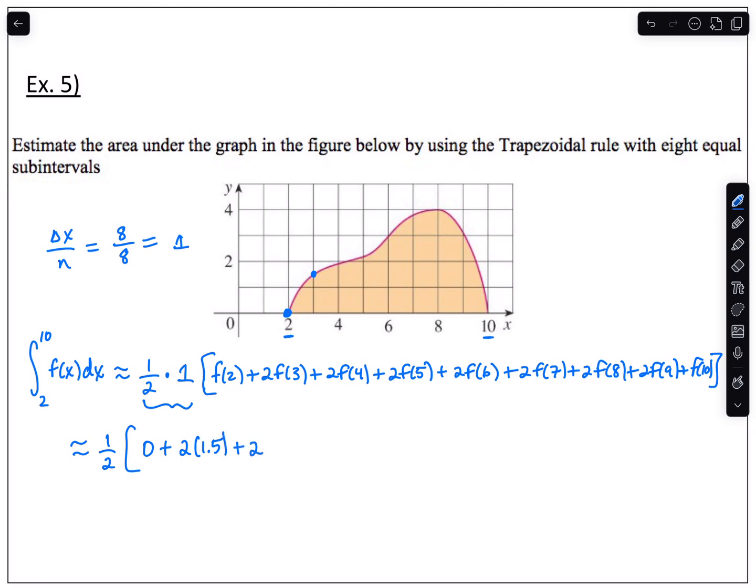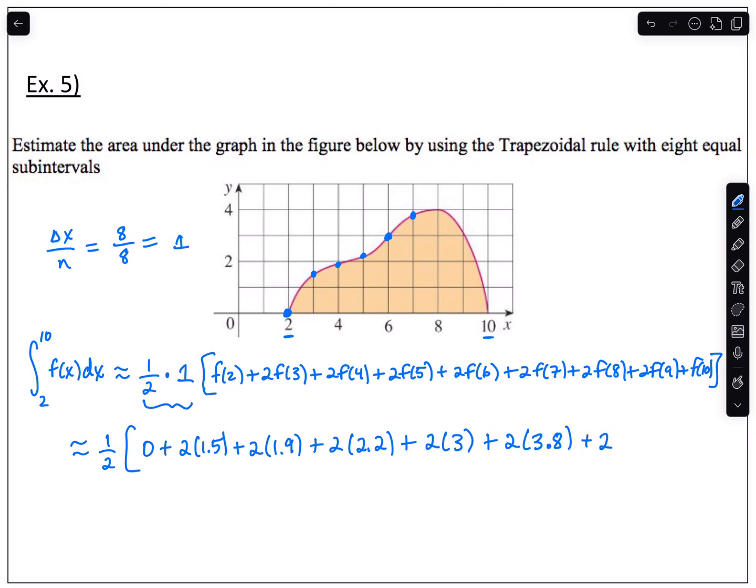Plus 2 times the next one, which is really close to 2, I'm going to call that 1.9, plus 2 times f of 5, which in this case is just a little bit more than 2, I'm going to call that 2.2, plus 2 times f of 6, I'm going to call that 3, plus 2 times f of 7, I'm going to call that 3.8. Again, there would be some flexibility if you were doing it yourself, but we're getting close.